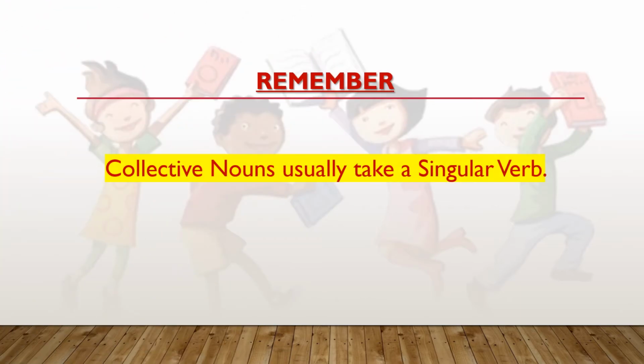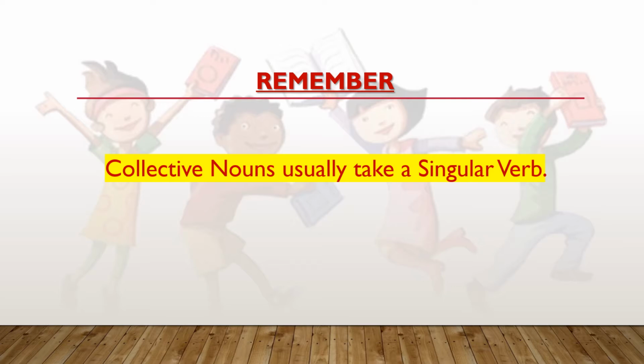Always remember, collective nouns. In case of collective nouns, they are considered to be singular subject. I'm sure you must be thinking about what are collective nouns. For that, you can just watch my video based on nouns. But for now, I'll let you know collective nouns are a group together.